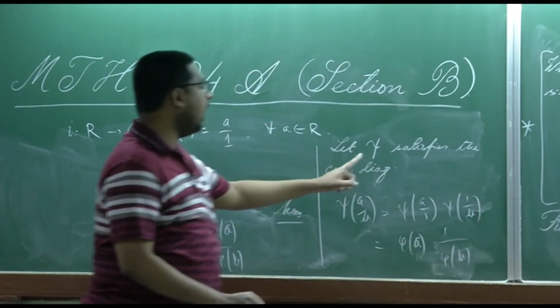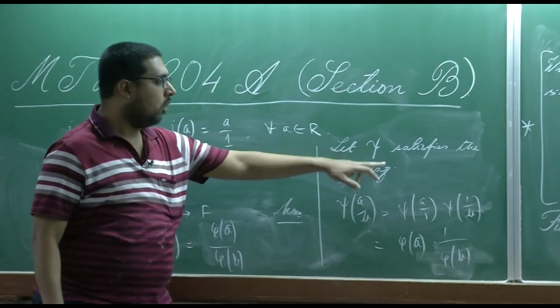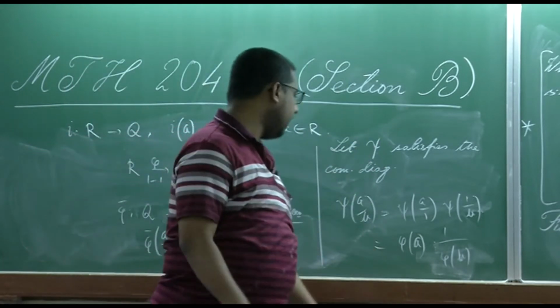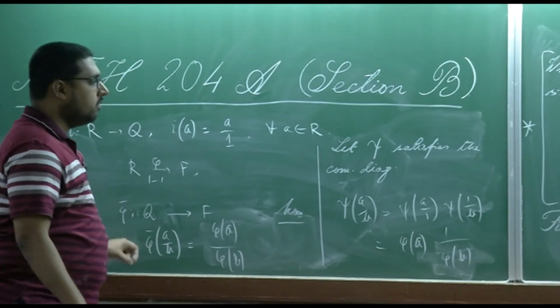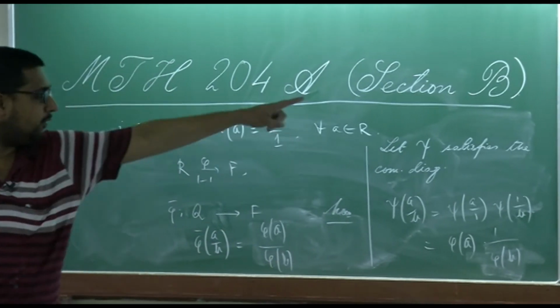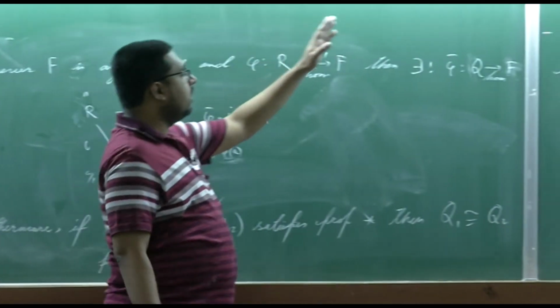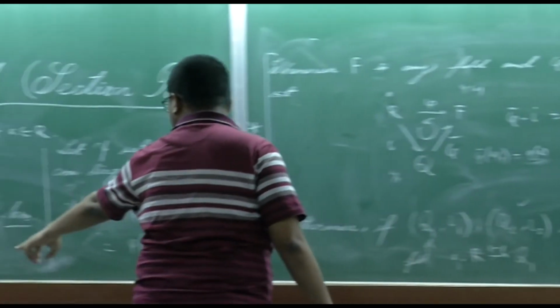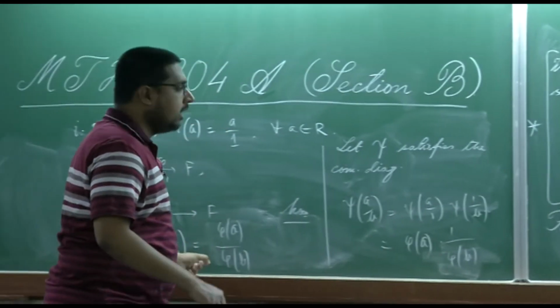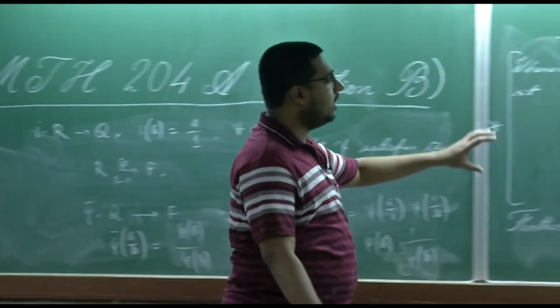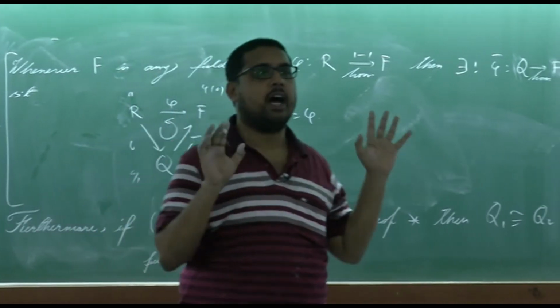So it shows that if psi is a homomorphism that satisfies this commutative diagram, then psi must coincide with the phi bar that we have defined. So given any phi, we have a unique homomorphism, namely the one defined by this, which satisfies the property star.